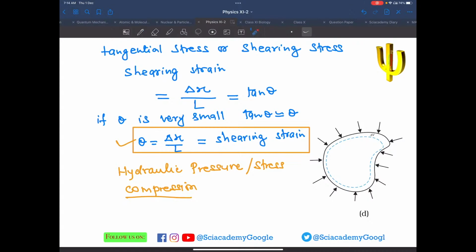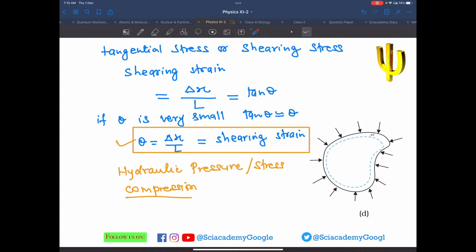So you must notice this. If forces are acting from all sides, then there is a decrease in the volume, but there is no change in the geometrical shape of the body or the sphere we consider here.